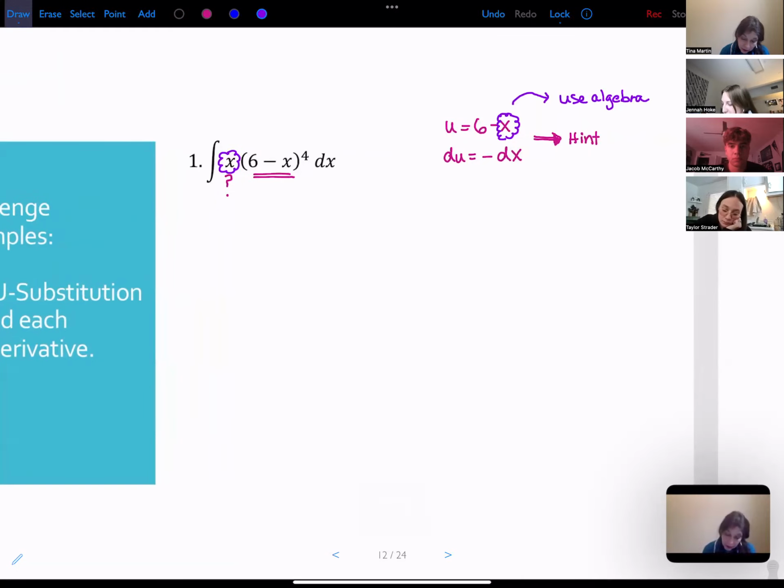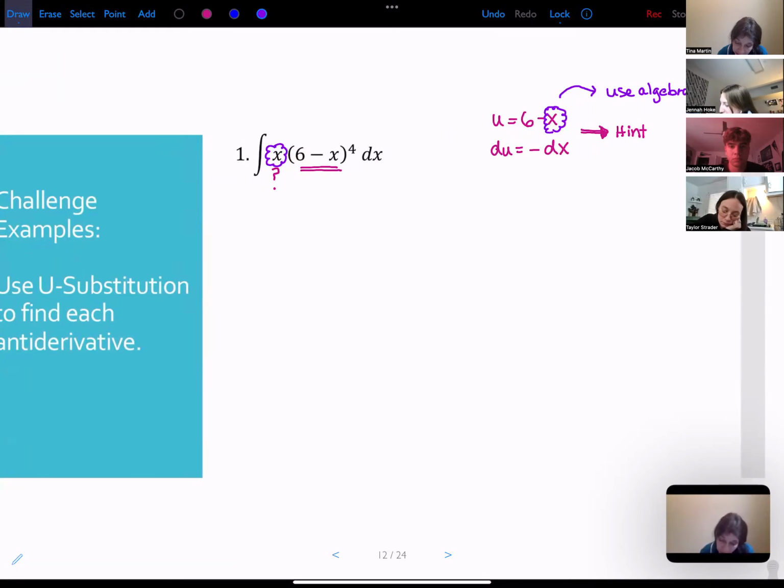So if I have u equals 6 minus x, and I solve for x, I would do some algebra here. If I want to get x by itself, I'm going to add x to both sides, and then I'm going to subtract u.